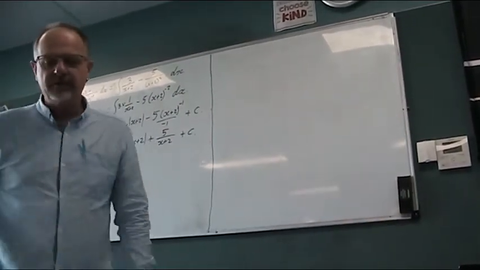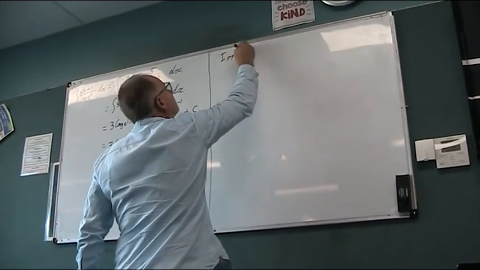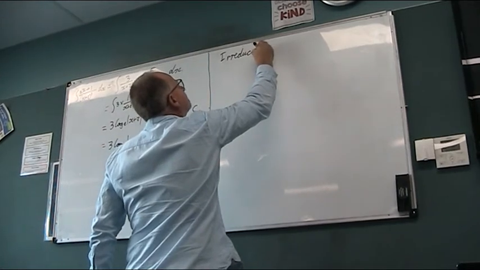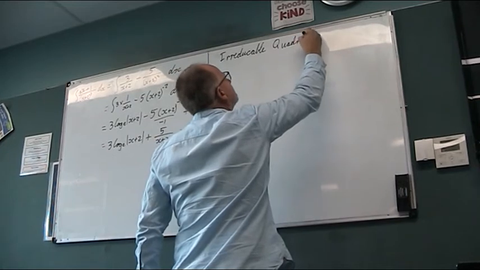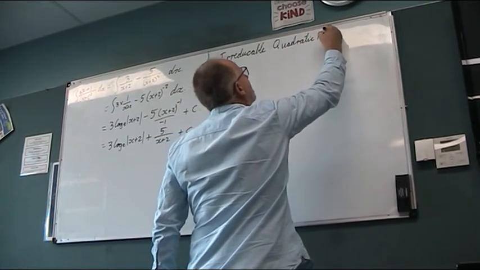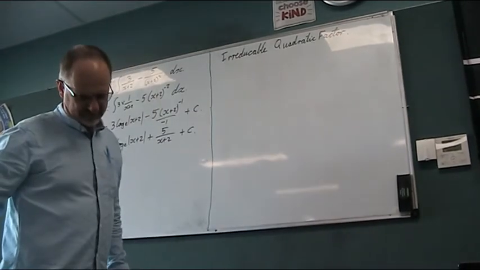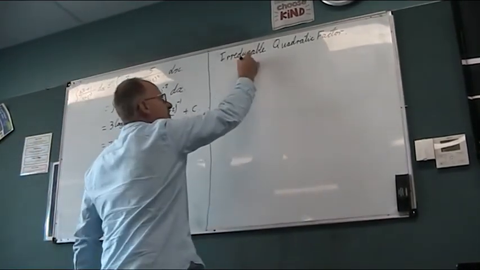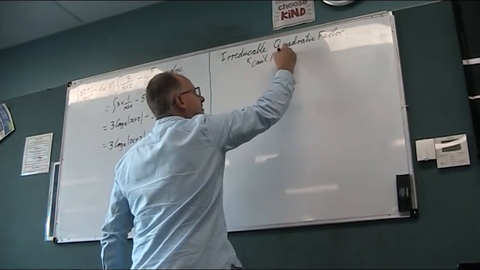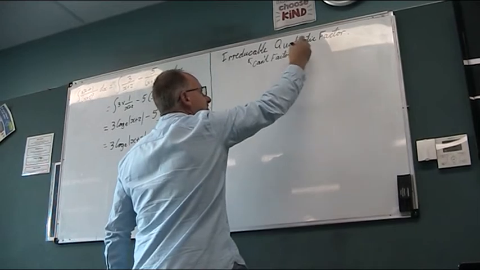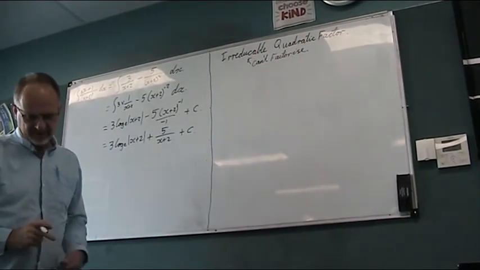It involves what we call an irreducible quadratic factor. What we mean by that is that we can't factorise it. Irreducible means we can't factorise.